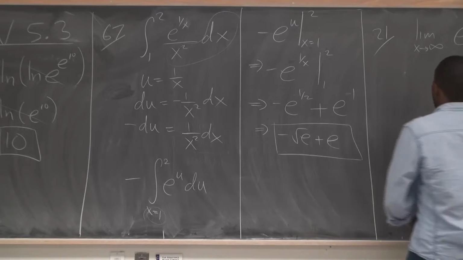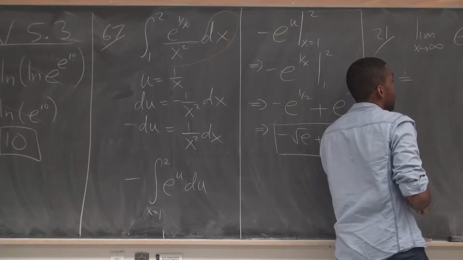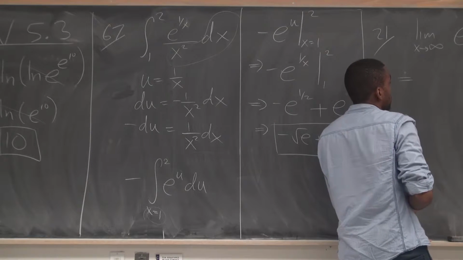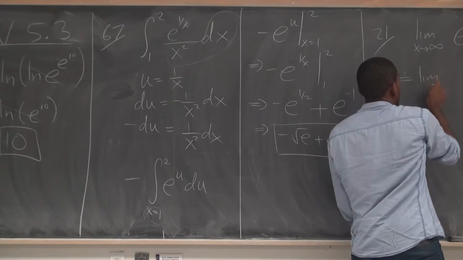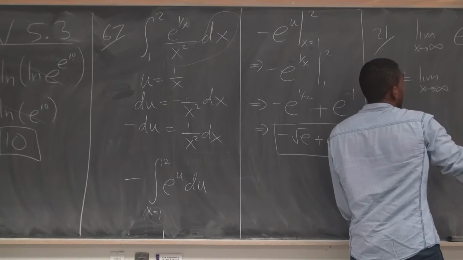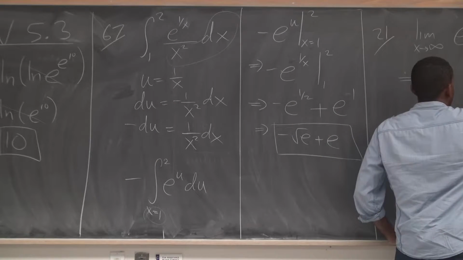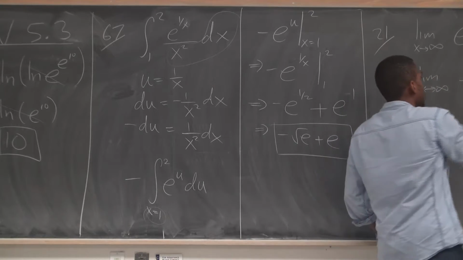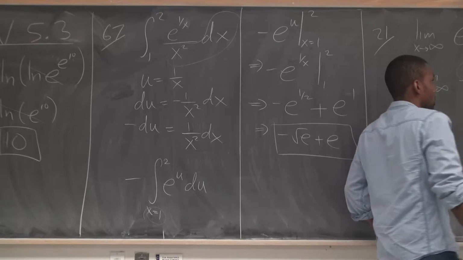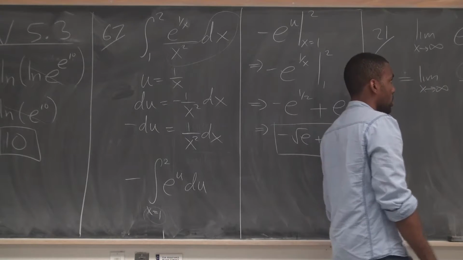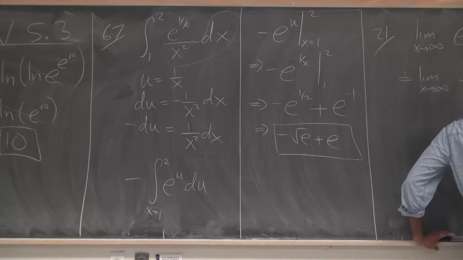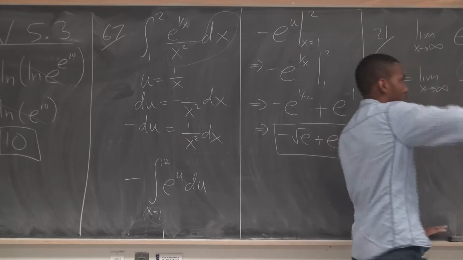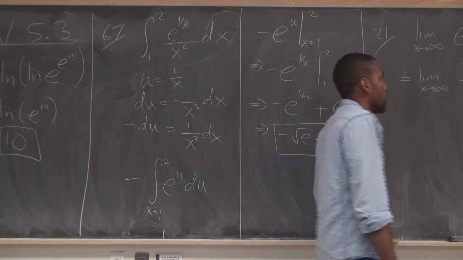What do you guys think that's going to be? First of all, you can write this guy like that. Now, what is the worst case scenario for the top? It's going to fluctuate. Ultimately, it's going to go between plus or minus 1, bouncing up and down.